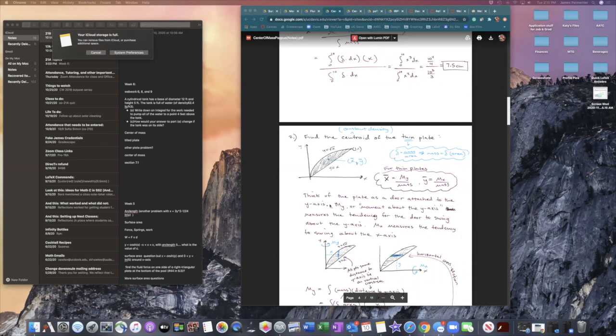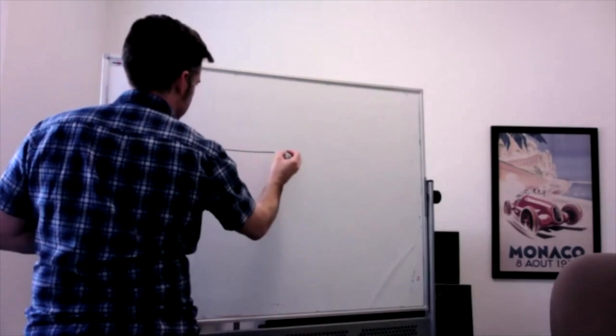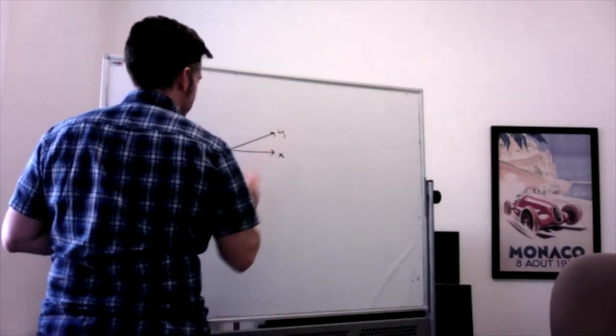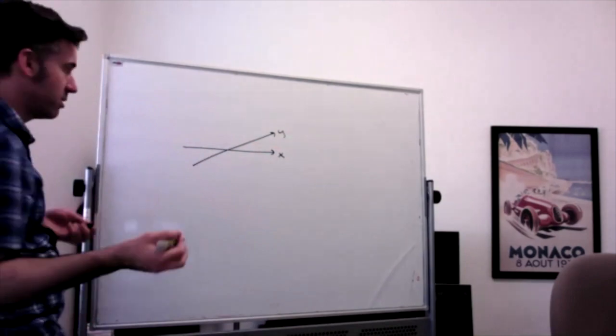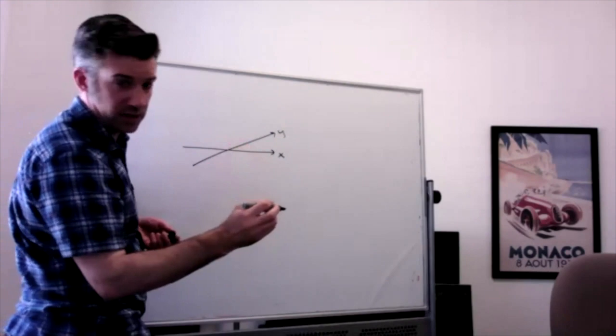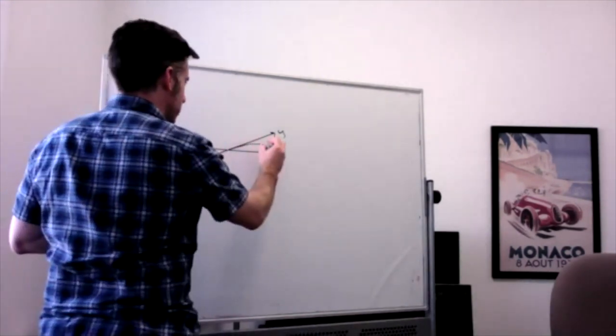So I often think about it as, let me stop sharing here. I think about my xy axis lying flat, and I've got some shape in the xy coordinate system, maybe that same shape I was just looking at, kind of looks like this.